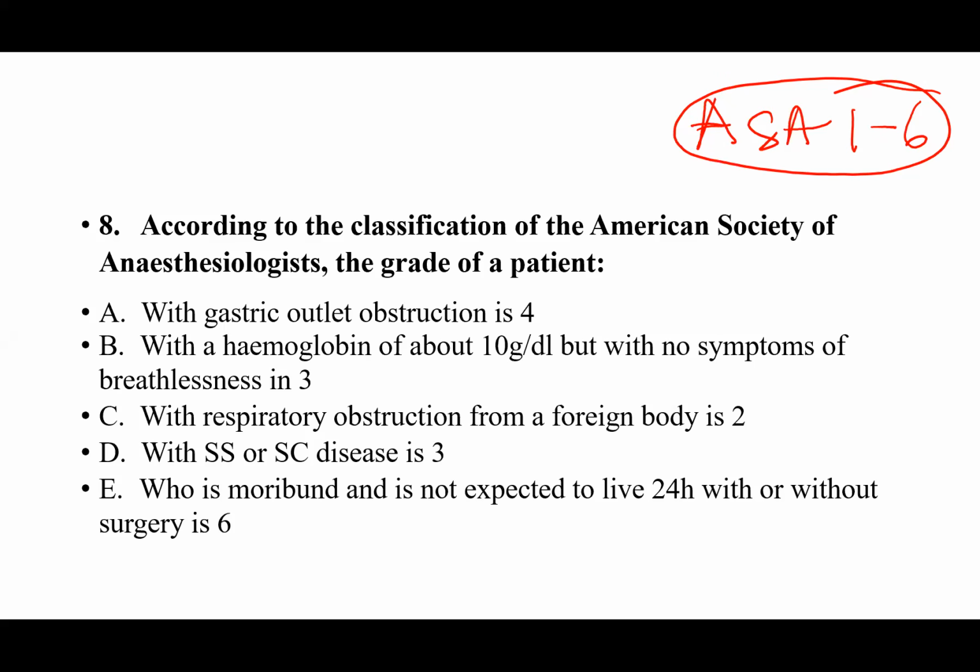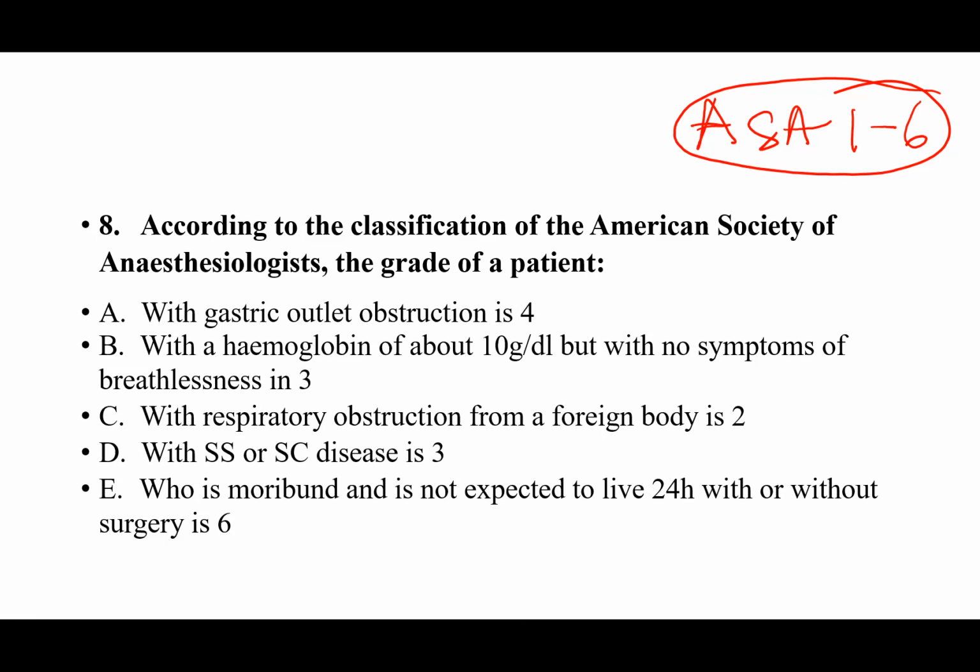ASA 1 is a normal fit patient. ASA 2 is a patient with mild systemic disease, such as hemoglobin of 10 grams per dL, but no symptoms. A hypertensive or diabetic patient that is stable is also classified as ASA 2. ASA 3 is a patient with severe systemic disease that limits activity but is not incapacitating.